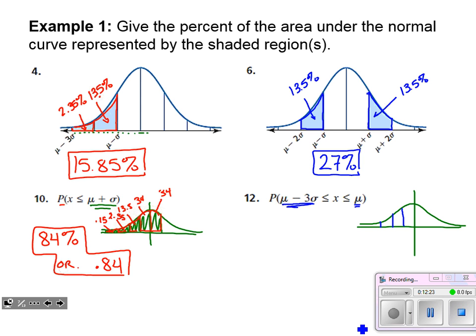So now we want this wedge and that wedge. Well, that's a 34% and a 13.5% and a 2.35%. If we total all those up, we get 49.85%, or as a decimal, 0.4985.